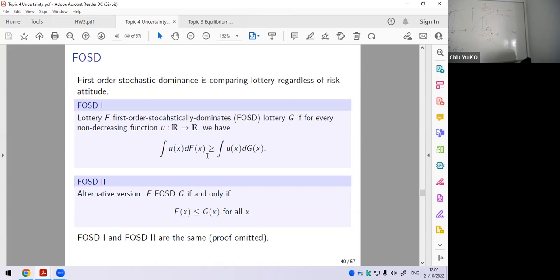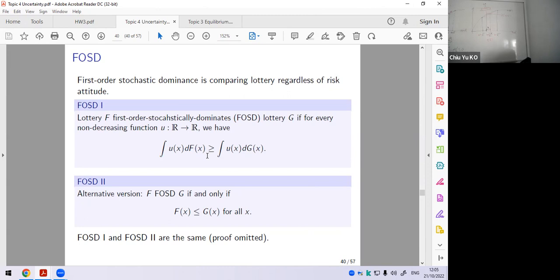If this integration is better than this integration, okay? So what does that mean? Looks amazingly crazy. But let's look at the alternative one, that's usually what you see.